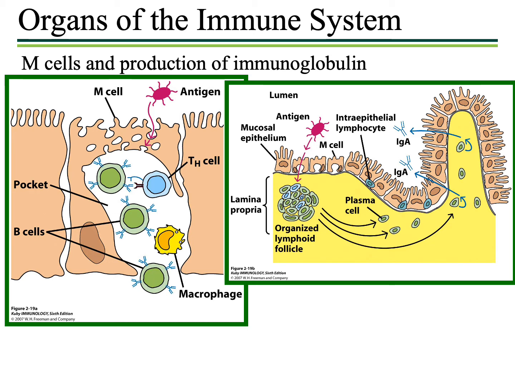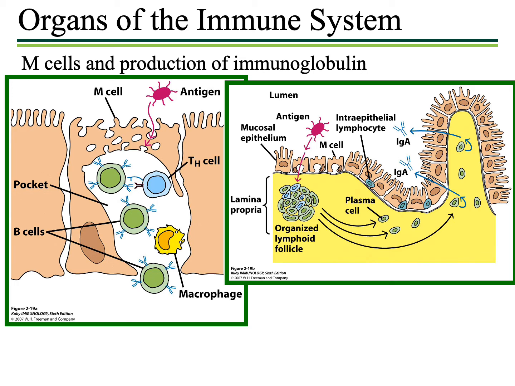Within the lining of the epithelium of mucous membranes, there are epithelial cells, as well as cells referred to as M cells. These are specialized cells that allow for antigen transport from the internal component of the lining to a collection of lymphocytes that can interact with a potential antigen.